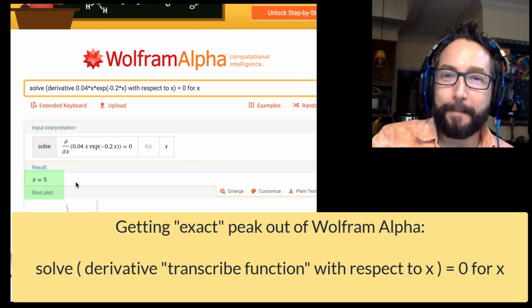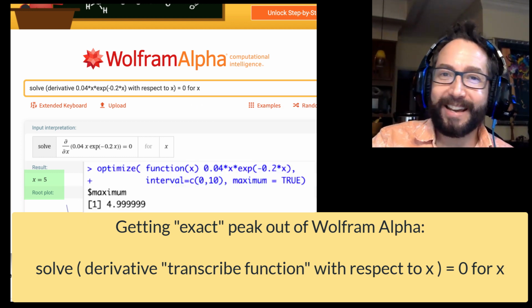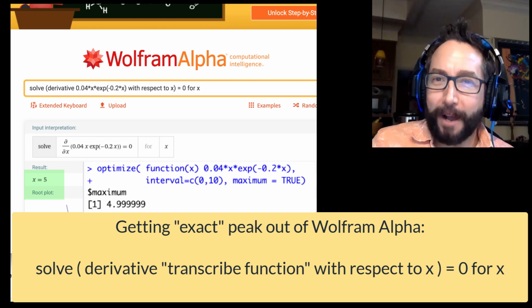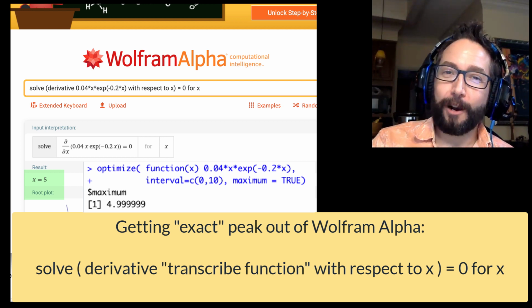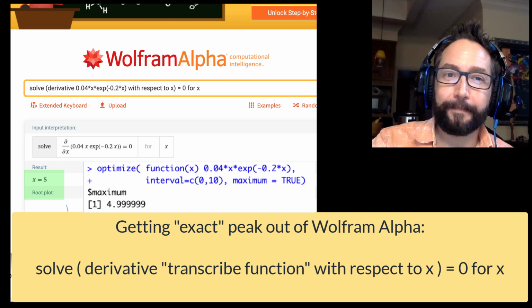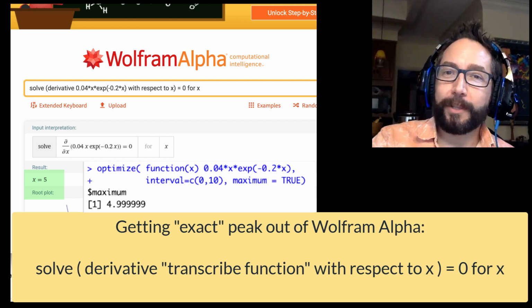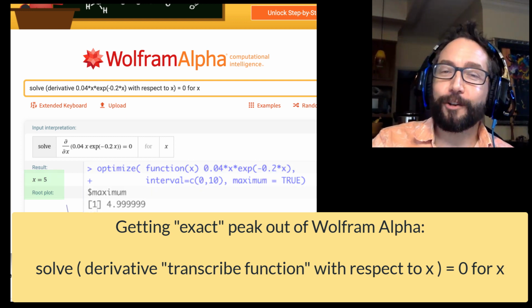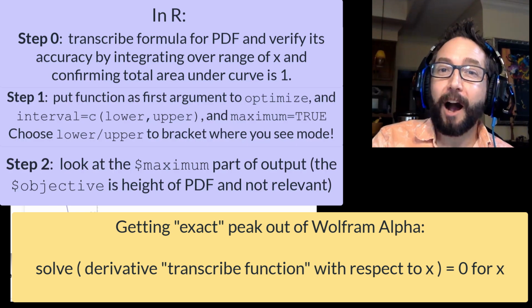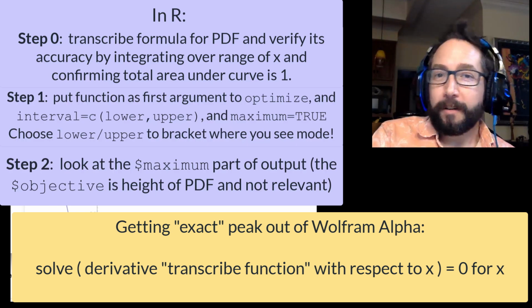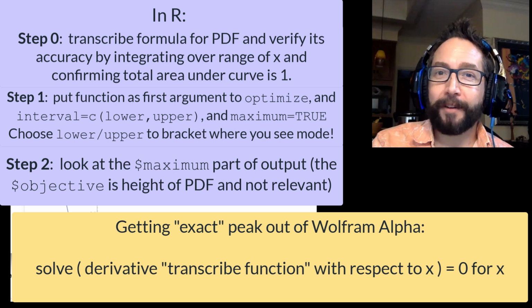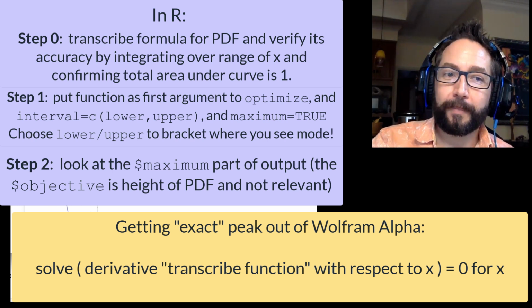A little bit better than our answer, 4.99999, etc., because Wolfram Alpha is able to use some of its tricks to figure out where this happens exactly. So finding where the peaks of a distribution occur, really not so bad. It just boils down to either running optimize in R or actually taking the derivative in Wolfram Alpha and then solving where that derivative is equal to 0.